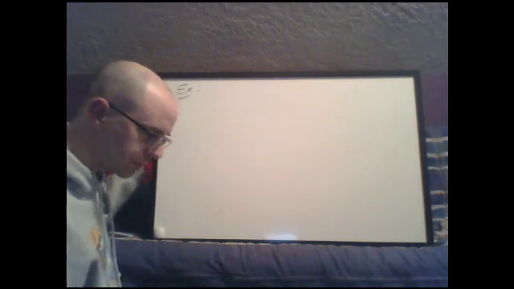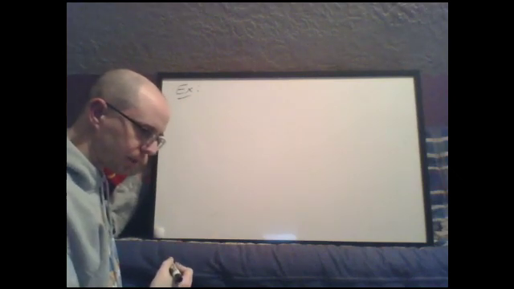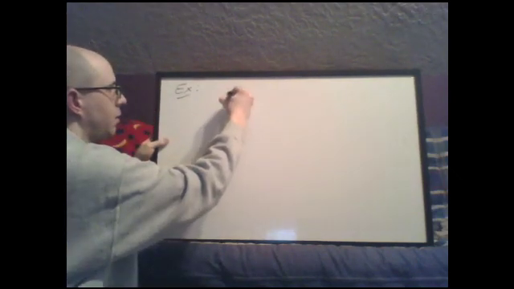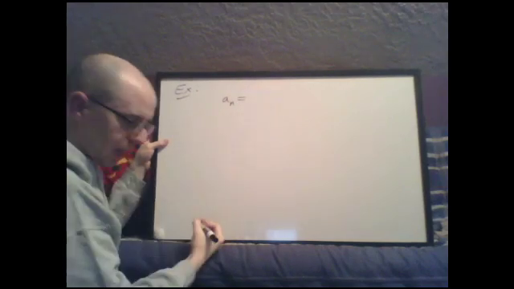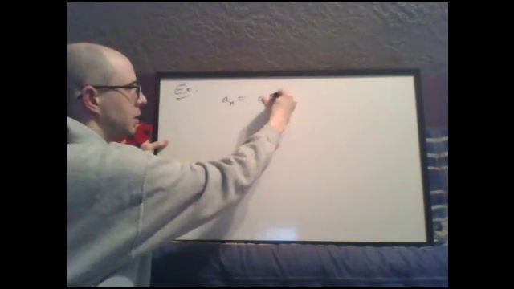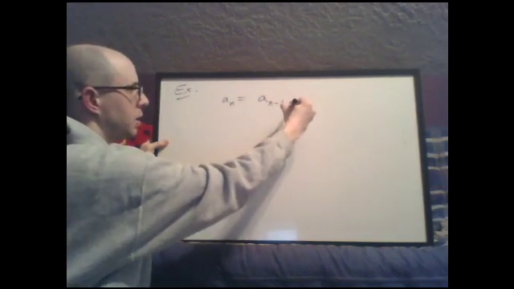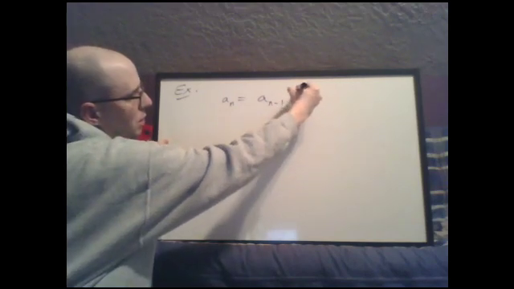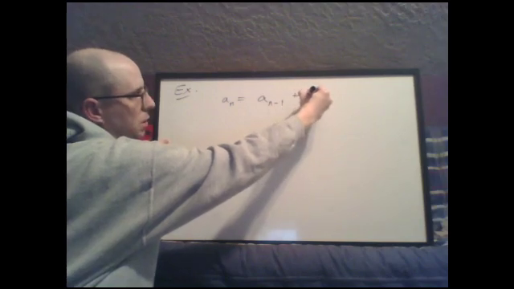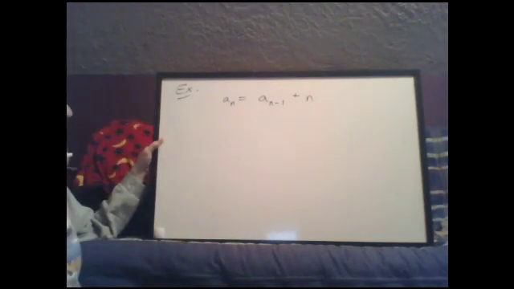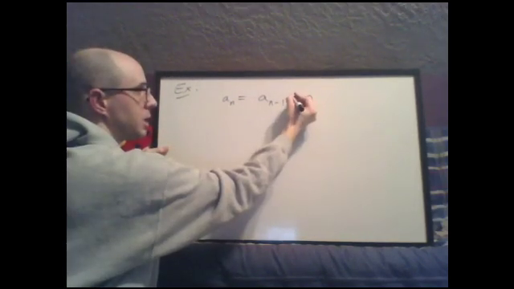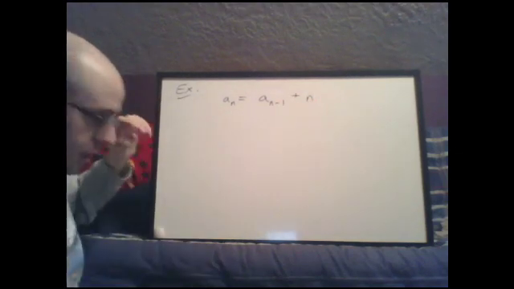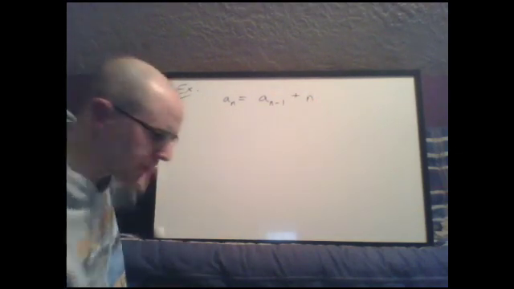Okay, so this is not what we've seen before, but just an example. If we had the recurrence an equals an minus 1 plus n, we either did this exactly or something very similar.